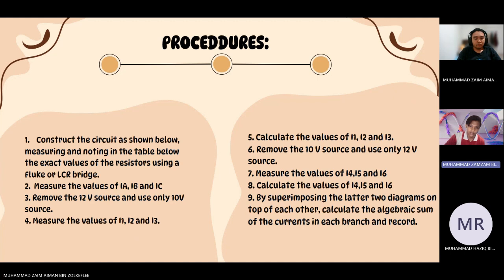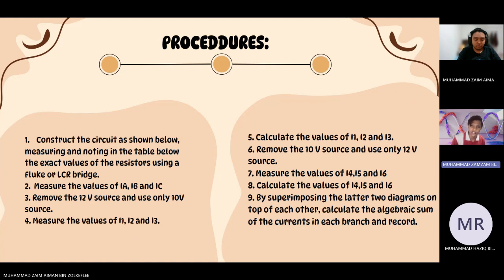And procedure number 4 is to measure the value of I1, I2, and I3 by using only the single power source, which is 10-volt. Number 5 is to calculate I1, I2, and I3 to see if my calculation is similar or almost exactly the same as the measured value.